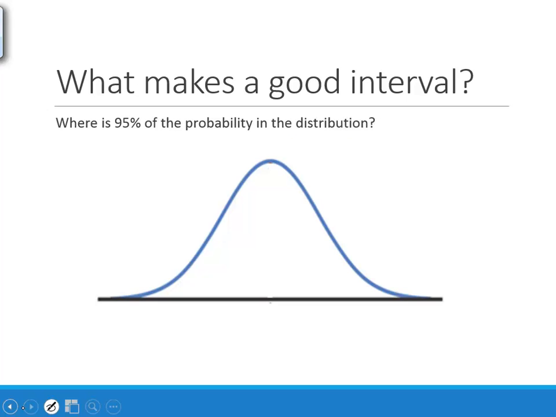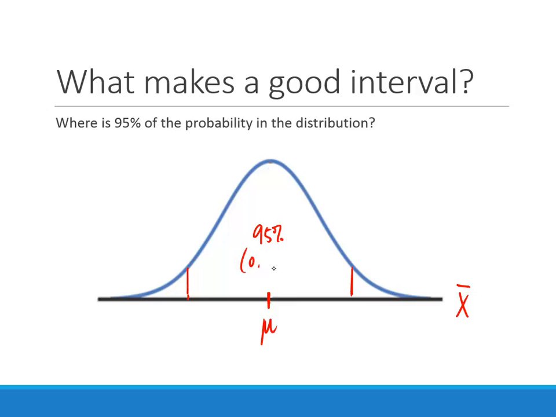Okay. So remember, this is the distribution of my sample mean x bar. It's centered at mu. I have a normal distribution for x bar. And so, thinking about the center of this distribution, where is 95% of the probability? Let's find these values such that I have 0.95 probability in here.